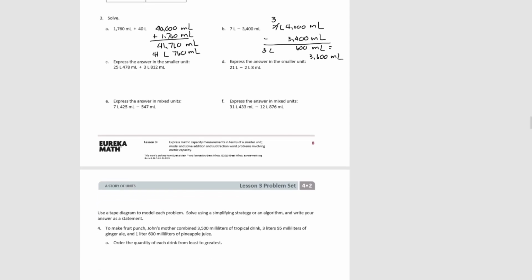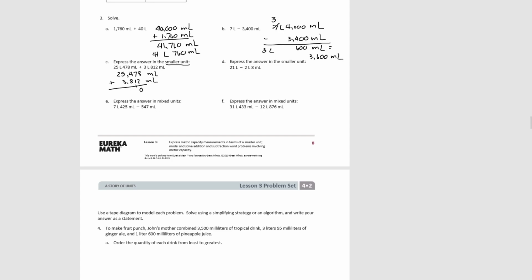For C, we have mixed units, and we're going to express the sum in the smaller unit. So pause the video and choose a strategy for that one. If we rewrite both of these in milliliters, we'd have 25,478 milliliters plus 3,812 milliliters.